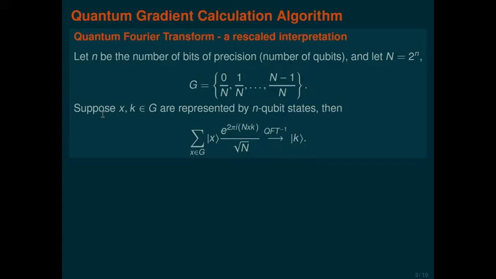If I work with x and k, now n-qubit states, which are on this grid in 0 and 1, then due to this normalization, when I do the Fourier transform, I don't divide by n but multiply by n. It's just the normalization goes through this way.